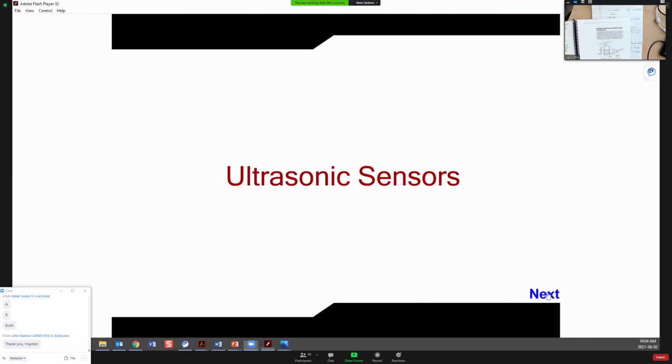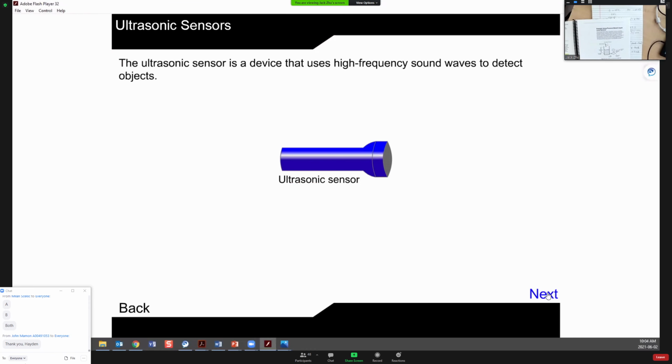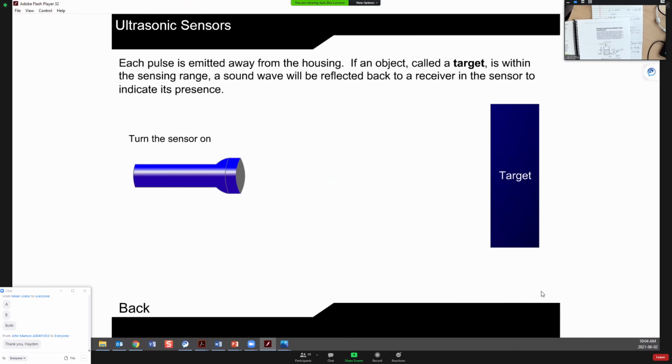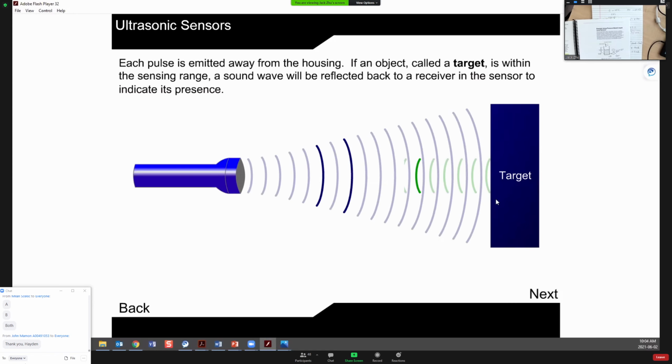Ultrasonic sensors use a high frequency sound wave to detect objects. They send a sound wave, and when the sound reaches the target, it bounces back.